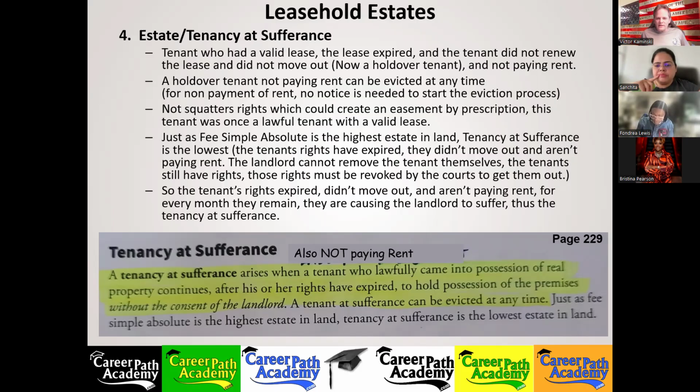But if they're not paying rent, any tenant can be evicted at any time that's not paying rent. You don't have a tenancy at sufferance because you have a valid lease. Tenancy at sufferance is one who does not have a valid lease anymore and they're not paying. Got it. It's a little different than somebody who has a valid lease but they're not paying rent. Okay.